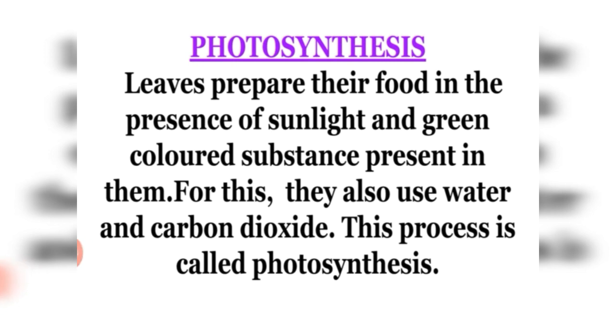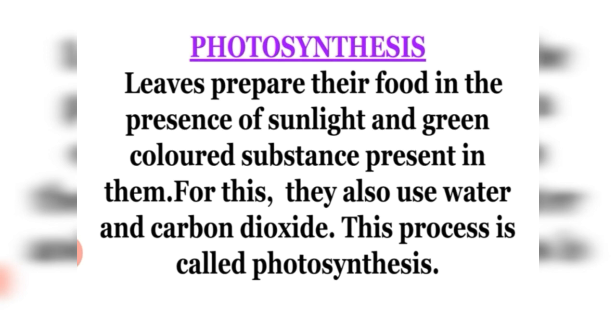Next topic is photosynthesis. We already learned the function of leaf, right? So here the process photosynthesis. Actually, leaves prepare their food in the presence of sunlight and green colored substance present in them. For this, they need water and carbon dioxide.